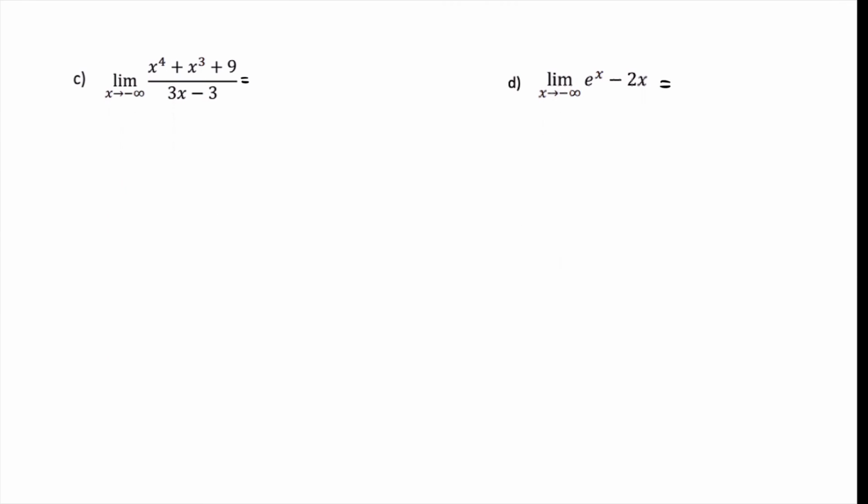Last 2. Okay, this one is top heavy, right? This one is going to be very top heavy. So if it's top heavy, what does it say the limit should be? Positive or negative infinity, right? What is going to be the factor there is this guy here. If I were to plug in very, very big negatives way to the left of the number line, what would I get on top here?